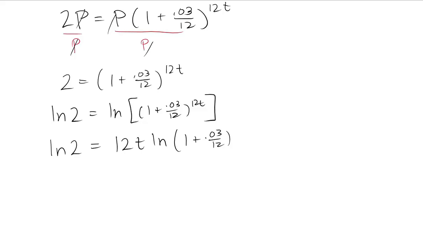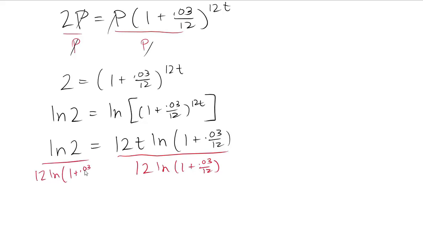And now to solve this for t, I just divide by everything that isn't t on the right side. To counterbalance that, I divide the left side by the same expression. And so our exact solution is that t equals the natural log of 2 divided by 12 times the natural log of 1 plus 0.03 divided by 12.